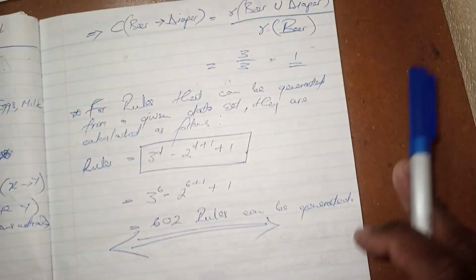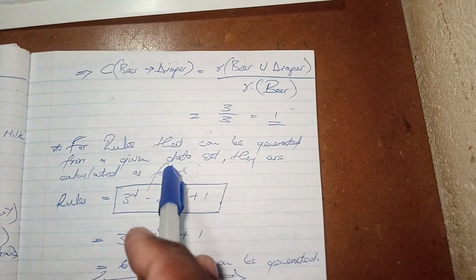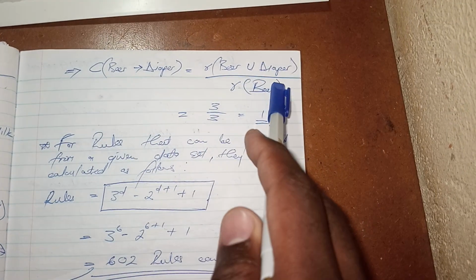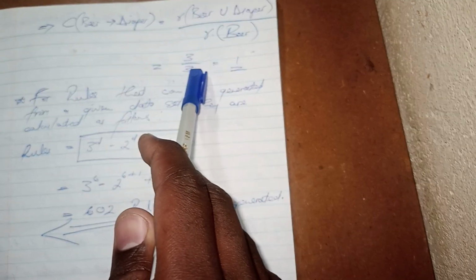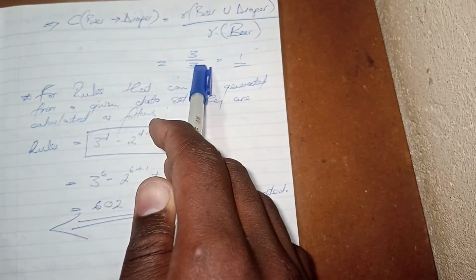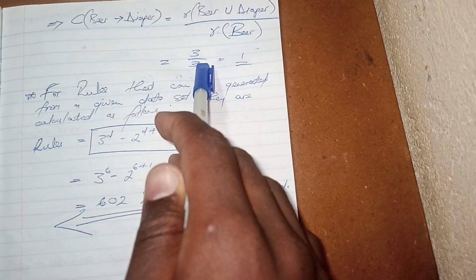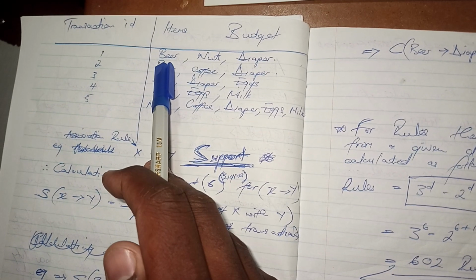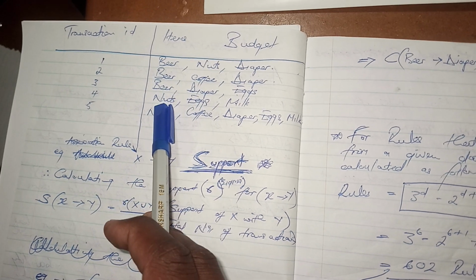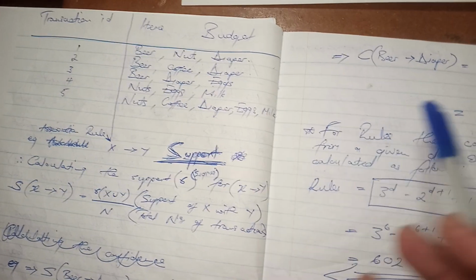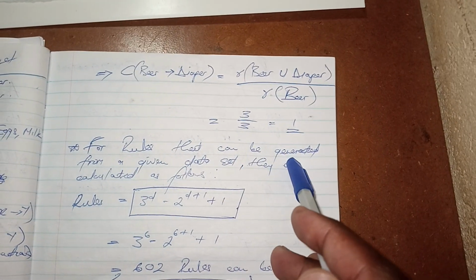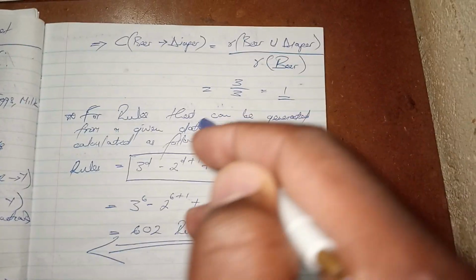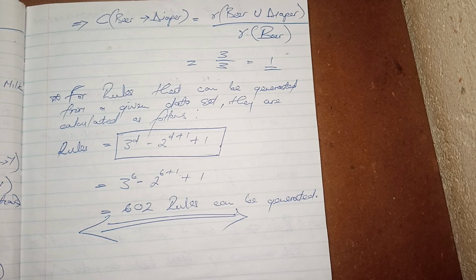Where we see beer with diapers in one transaction, that is 1, 2, 3. Then we count how many transactions have beer: here there's beer, beer, beer, 3. No more beer, so it's 3. So the confidence of beer to diapers is 3 over 3, which is 1. This is how we find confidence and support.